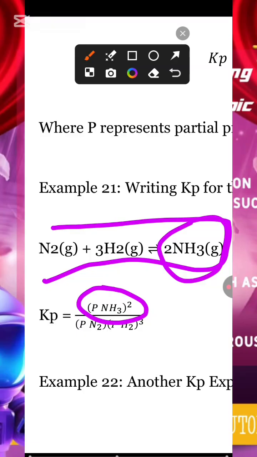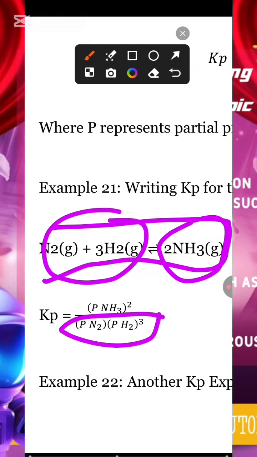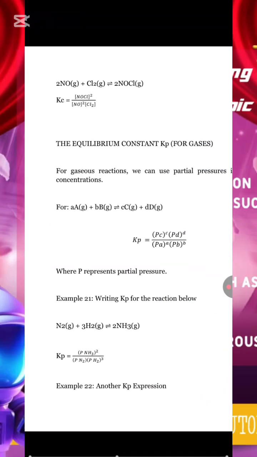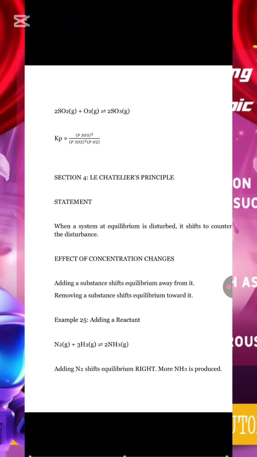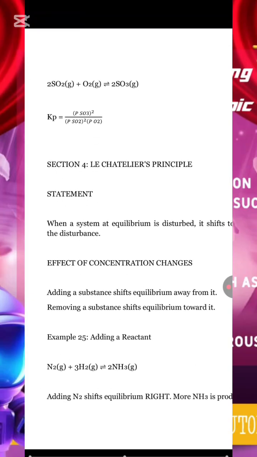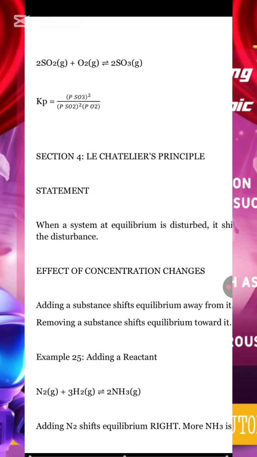That P means partial pressure, so partial pressure of NH3. And then also observe the denominator. These are the reactants here, so I'm putting them in the denominator. And of course I followed the normal method, raising them to the power of their coefficients, just that I introduced a P inside the bracket. That's just the difference. That P is trying to tell you that this is no longer concentration we are working with. We are now working with partial pressure. You can also see the same thing in example 22 up there.